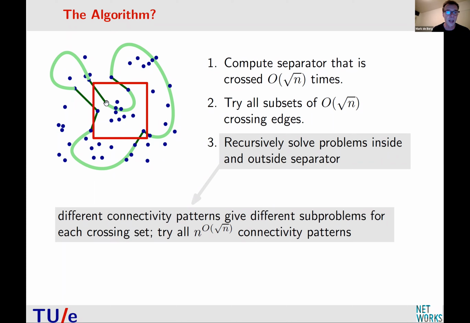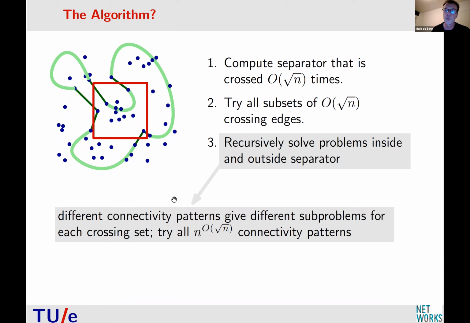What you actually have is that what is going on inside, together with what is going on outside, these solutions together with the crossing edges, they should form my tour. So the subproblems that we're dealing with are a generalization of TSP, where instead of finding a tour, you want to find a set of paths that realize a certain connection pattern.